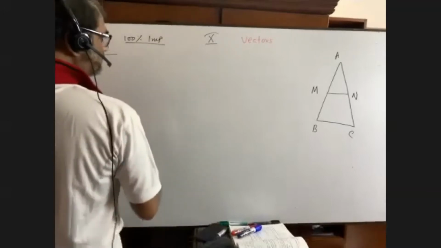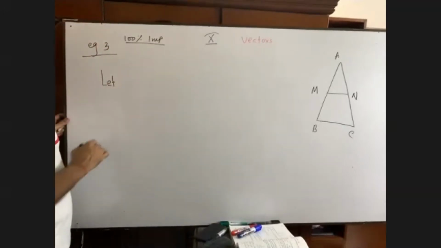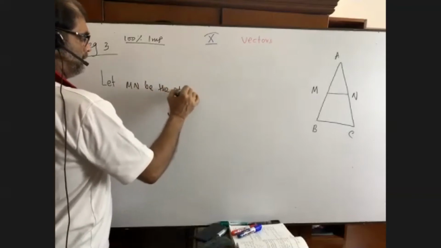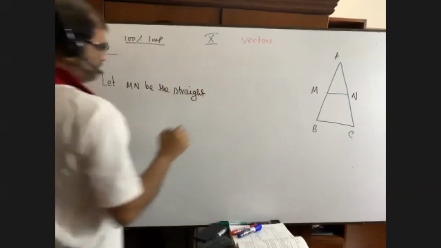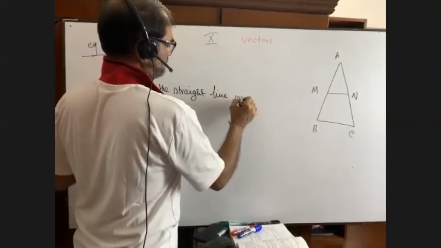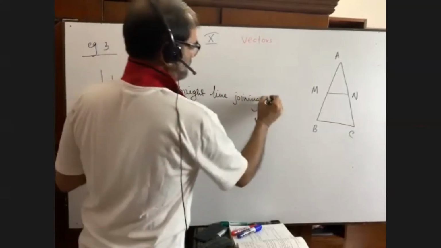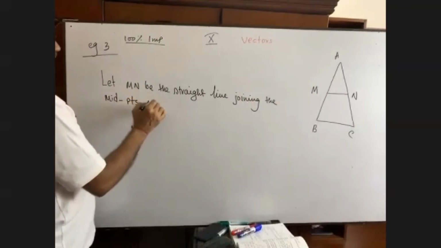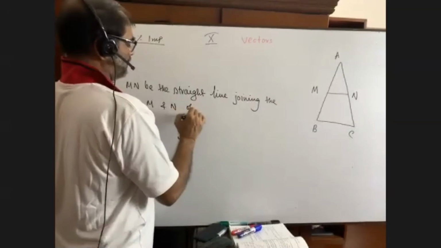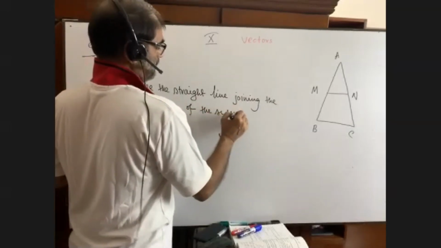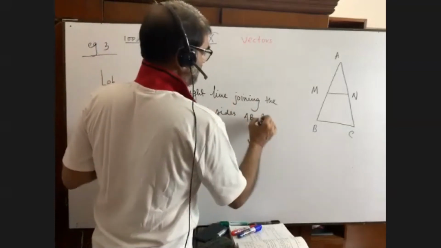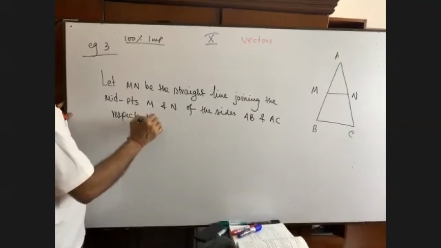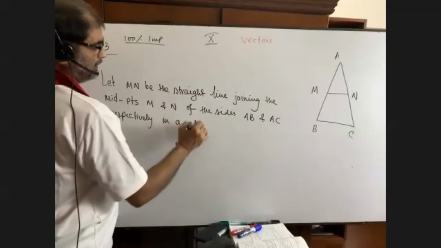Write down. Let MN be the straight line joining the midpoints M and N of the sides AB and AC respectively in a triangle ABC.